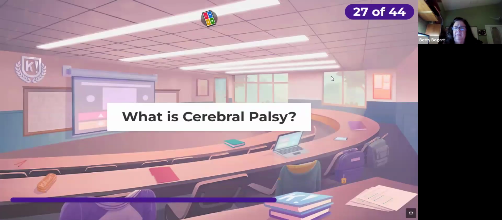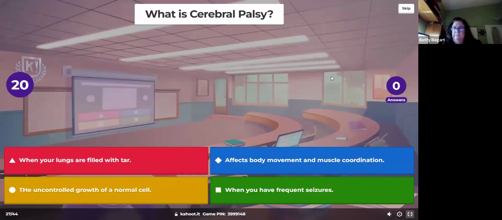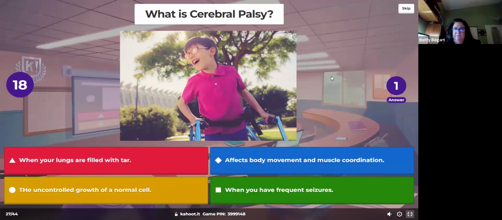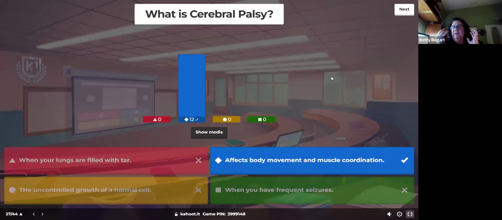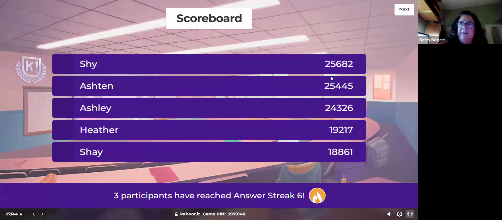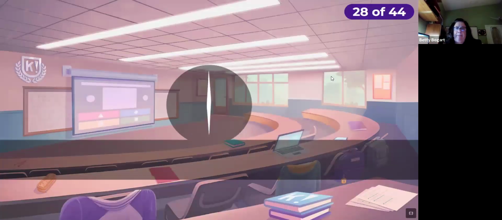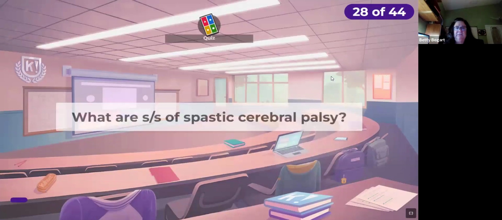What is cerebral palsy? So remember, cerebral palsy affects body movements, muscle coordination, and it depends on the severity of cerebral palsy. A multi.